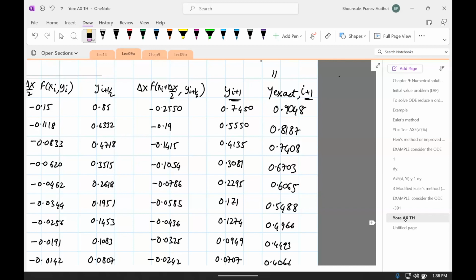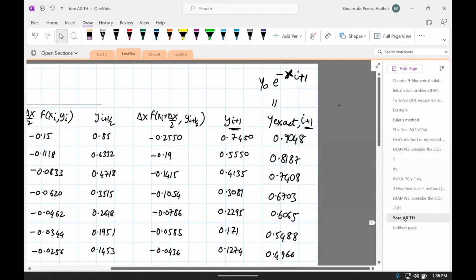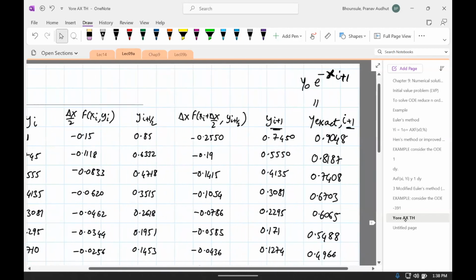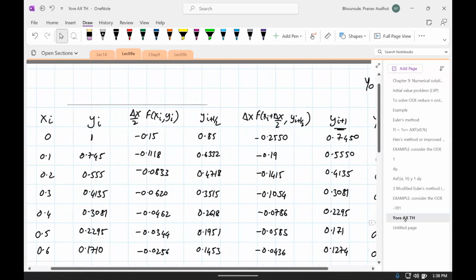Exact. When you say i plus 1, you mean x i plus 1? Yeah, okay. I put 0.1 here because x i plus 1 is this point. This is xi, right?